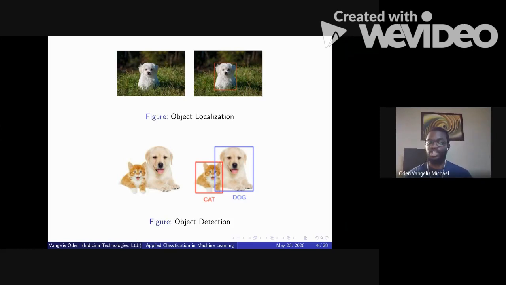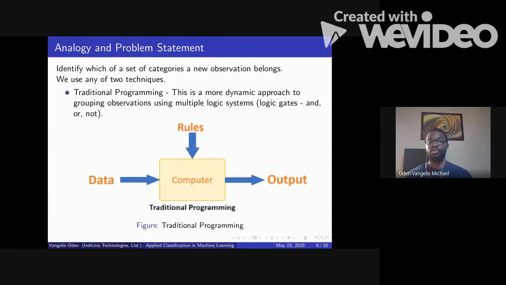Now, that's just a general assumption, trying to help you understand how you would create traditional programming systems to do classification. So simply put, this is using multiple if statements.